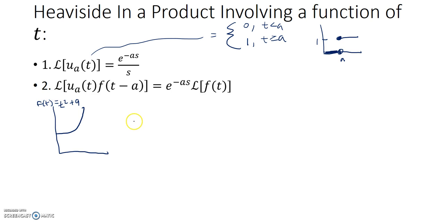But what I really want is for this function to turn on f of t at, for argument's sake, t equals 2. If I actually turn this on at time equals 2 without shifting it over, then this function will take on that value right there and will have its trajectory from that point on out.